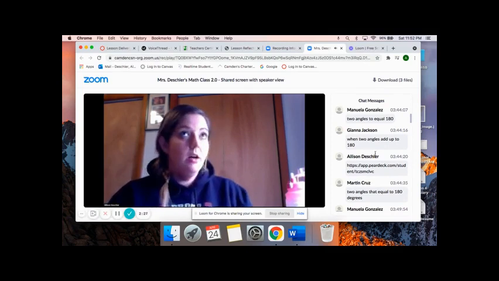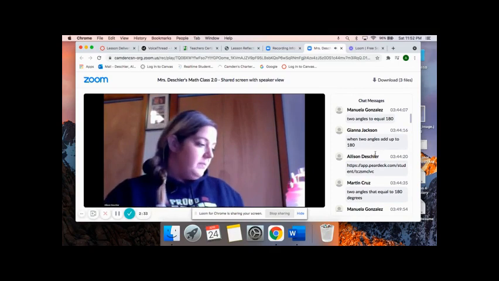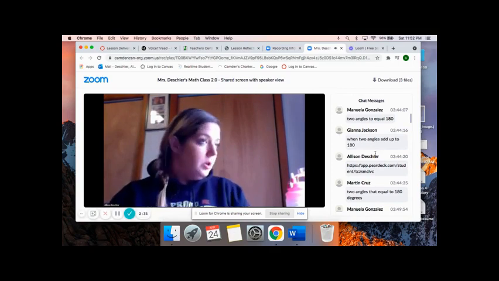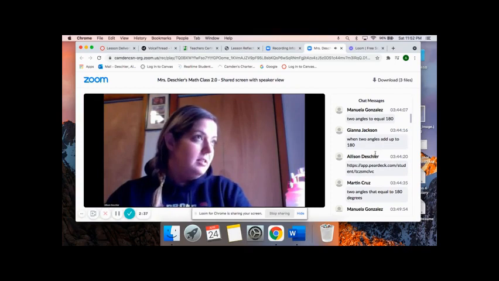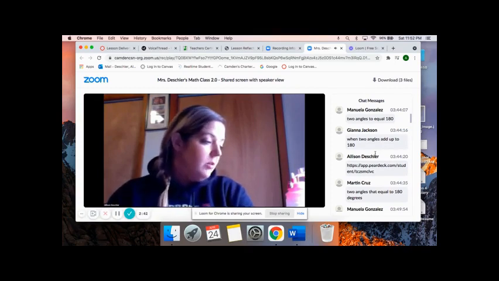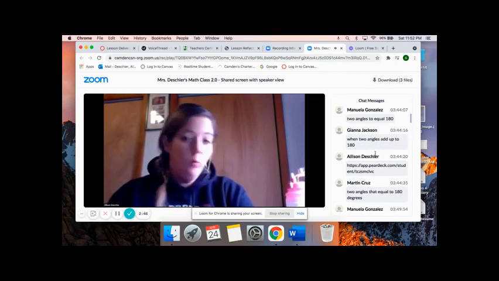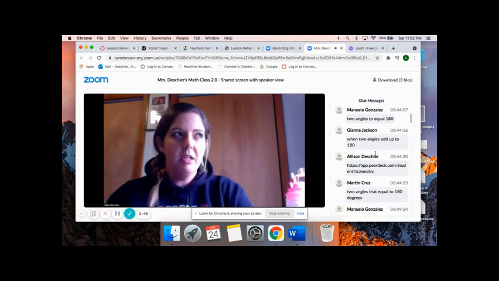All right, so our next piece that we will be talking about today are vertical angles. So looking at the intersecting lines in the picture on your pair deck slide, identify angles that you think will have the same measure, shade them in the same color, and why do you think that they would be congruent?